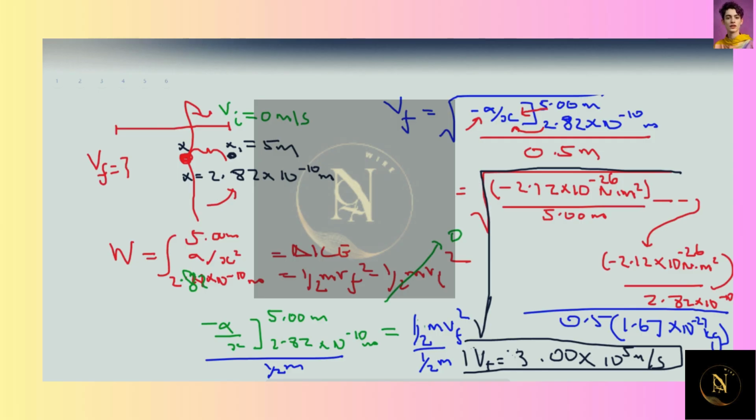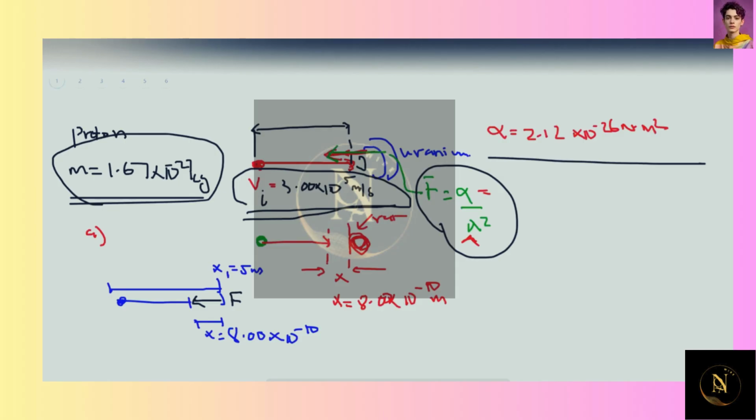So this is the final velocity when the proton has been pushed back. Okay, so remember, it stopped somewhere like right here a little bit, and then it was pushed back all the way to the beginning, which is 5 meters away. That's why we have 5 meters right there. It started at 2.82 times 10 to the negative 10. Tedious problem. It's a long problem.